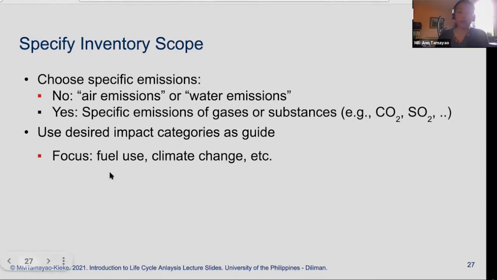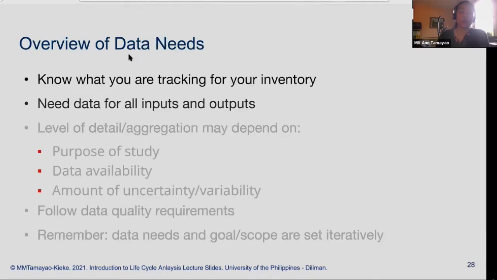So for example, if you want to focus on fuel use or if you want to focus on climate change, etc. Okay. Going back to overview of data needs, the second bullet is for you to be able to identify data for all the inputs and outputs.